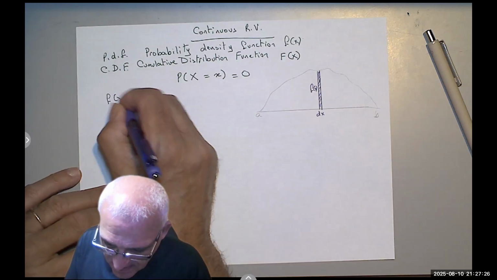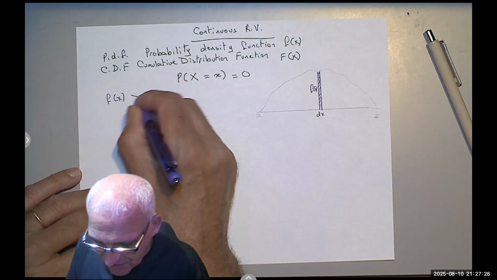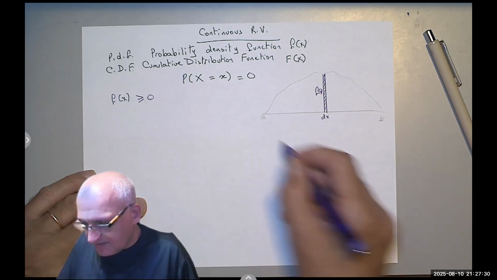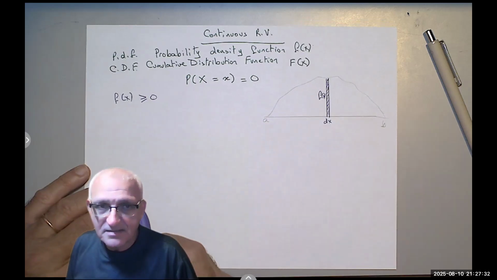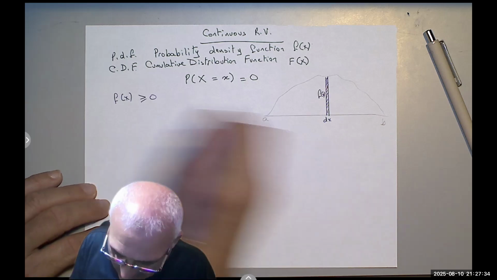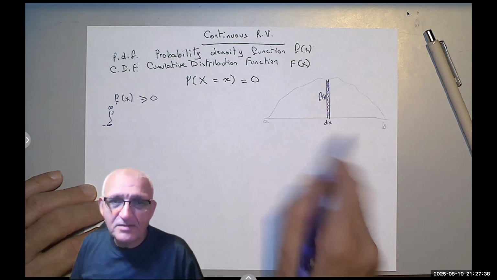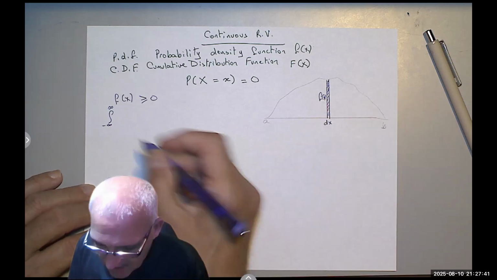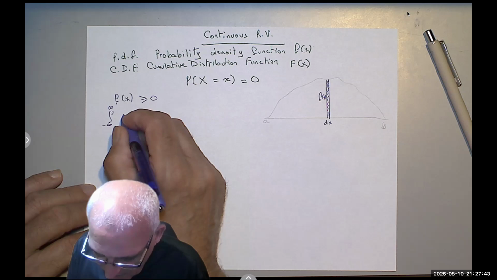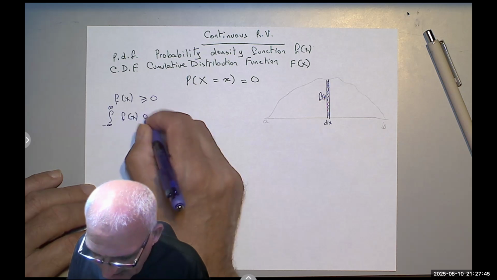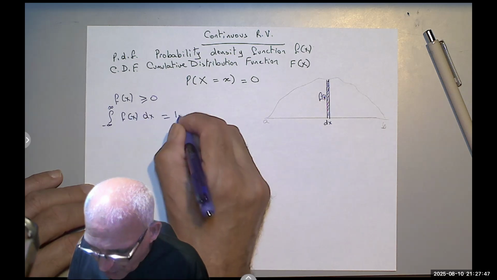F of x cannot be negative. So it's greater than or equal to 0. I will never have something below the x-axis. It's impossible. And then the integral from negative infinity to positive infinity, or from a to b, because that's the domain in this particular case, of f of x dx equals 1.0.